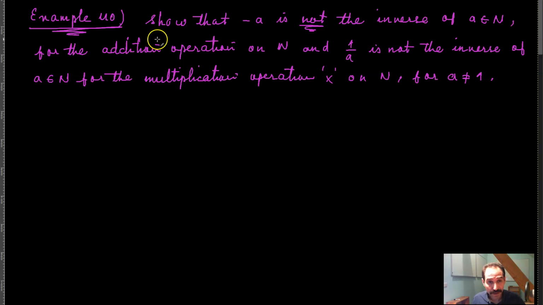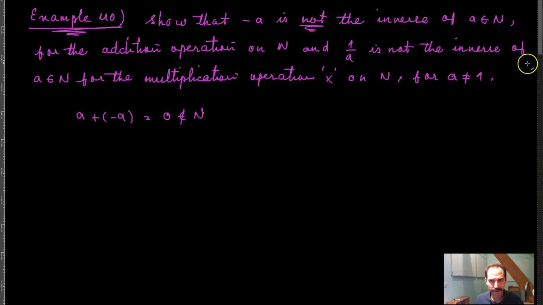Okay, so to understand the question, what we are saying here is that we want to show that negative a is not the inverse of a belonging to n for the addition operation, because then e would not belong to n. If I write a plus negative a, that gives me 0, and 0 does not belong to n. So negative a is not the inverse of a belonging to n for the addition operation on n.